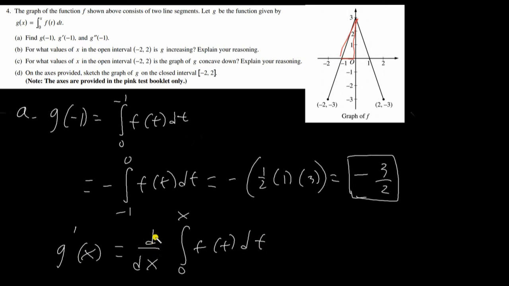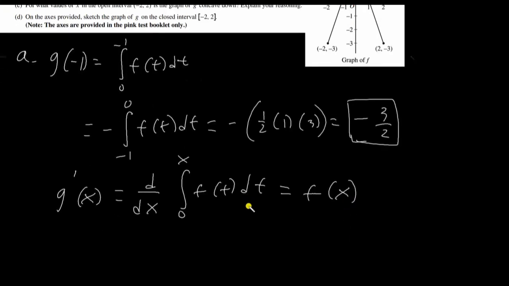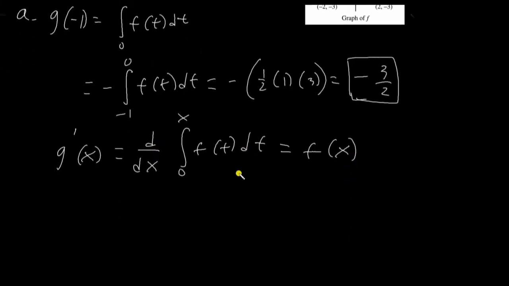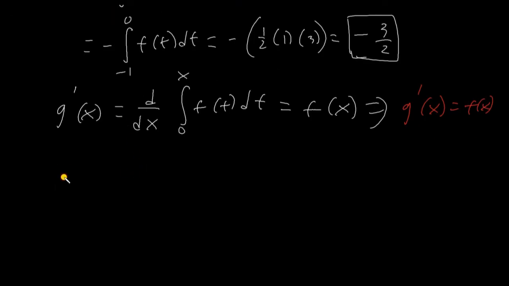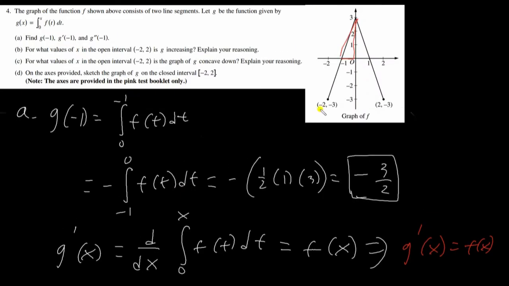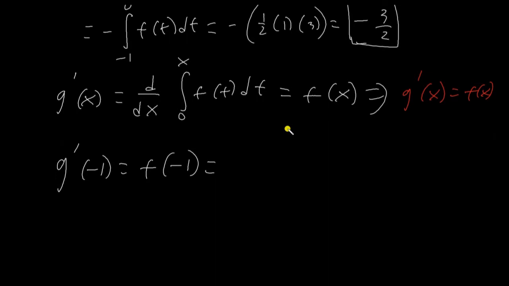And when we take the derivative of the accumulation function, we just get f of x, because the integral and derivative are kind of like opposites of each other. So what we said here is that g prime of x equals f of x. So since they wanted us to find g prime of -1, that's going to be equal to f of -1, which, if we look up in the image, is 0.